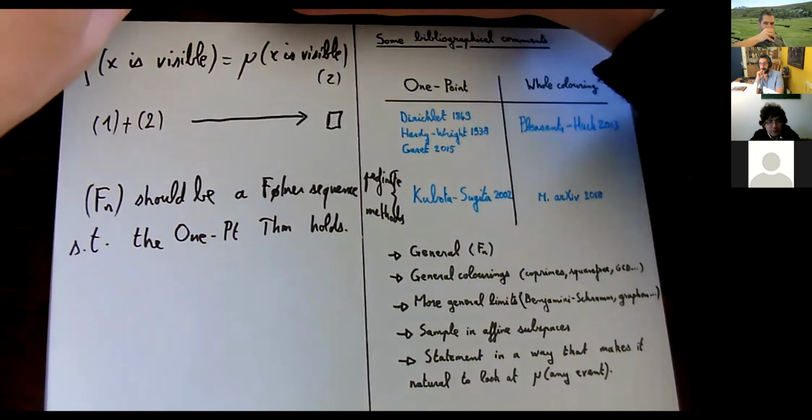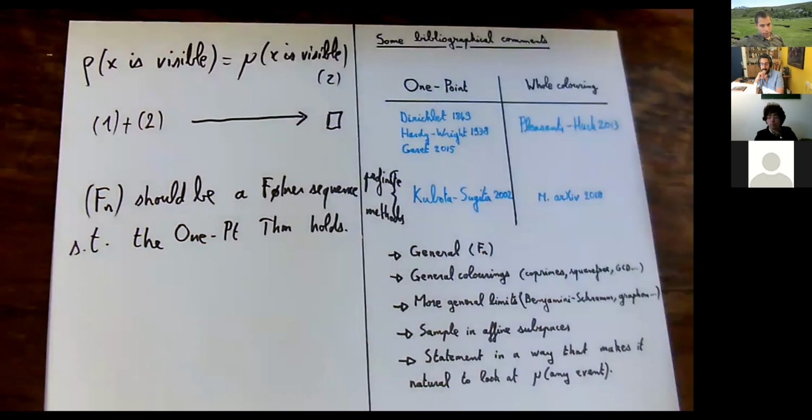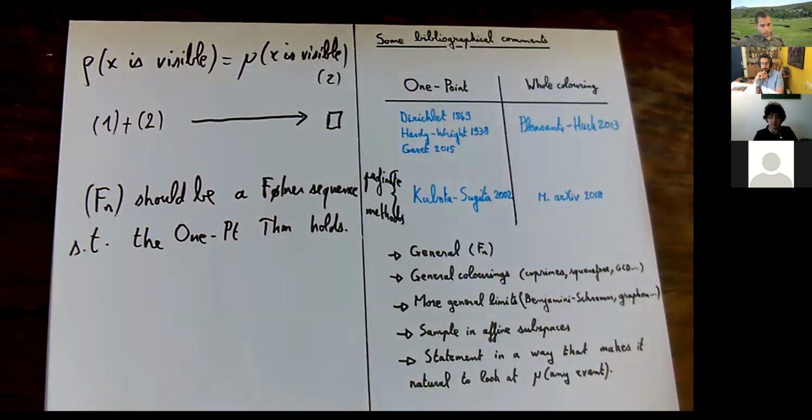Okay. I can also sample in affine subspaces instead of taking a uniform point in Z^d. I can take it in Z^(d-1), for example. And the statement is made in a way that makes it natural to look at mu of any event. What I mean is not only finite size events. If we look at mu of finite size events, we are just looking at properties occurring inside the original coloring.